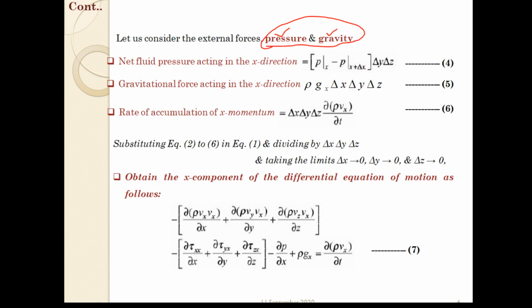So net fluid pressure acting in the x direction through this del y del z phase is P at x minus P at x plus del x, through this del y del z phase.